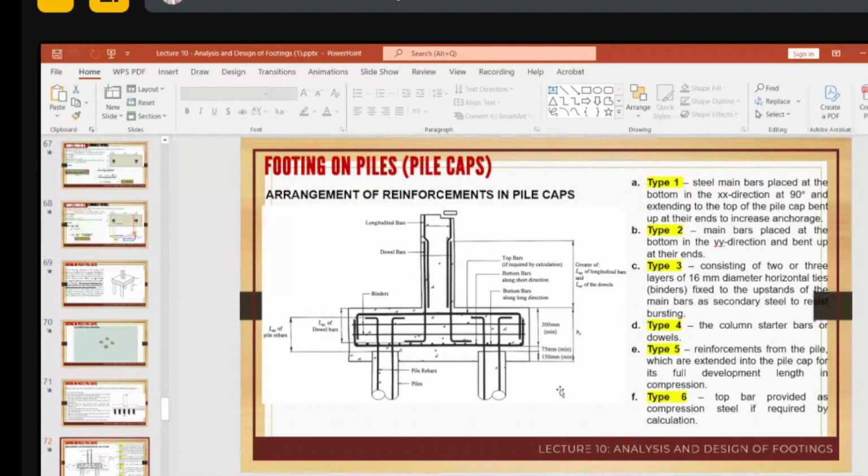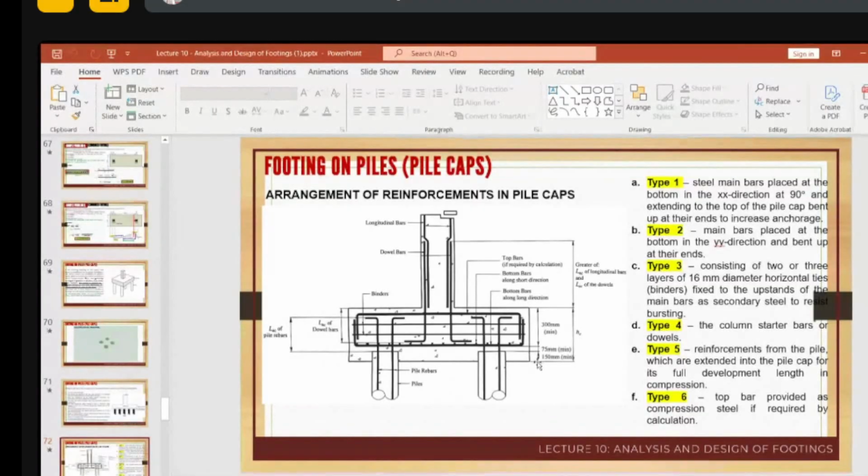If we look at the schematic diagrams of the arrangements of reinforcement in pile caps, we place the centroidal column that carries the load transmitted to our piles. You have the main reinforcement of the piles.